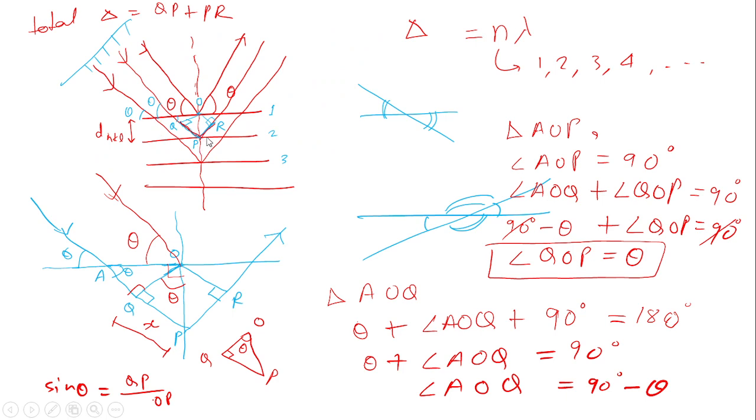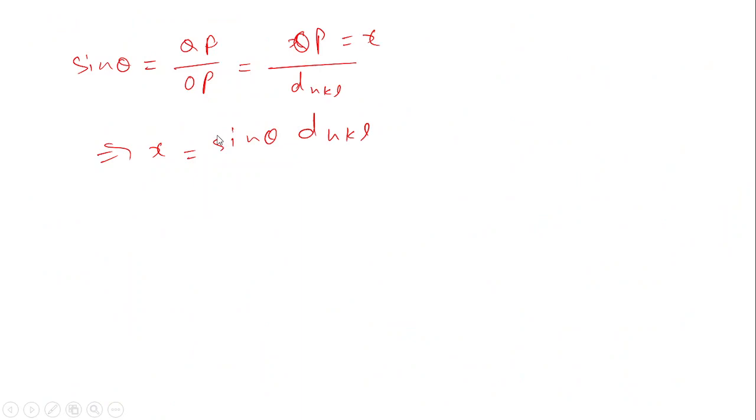Now this PR, same maths when we do this side also, we get that PR is equal to sine theta DHKL. So the total path difference, which is QP plus PR, will be sine theta DHKL plus sine theta DHKL.